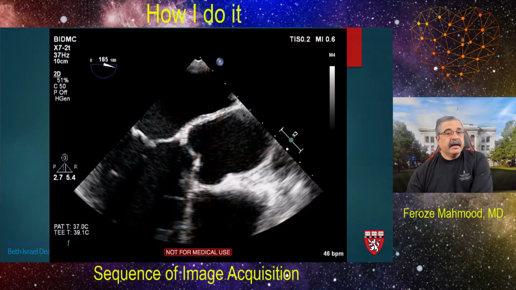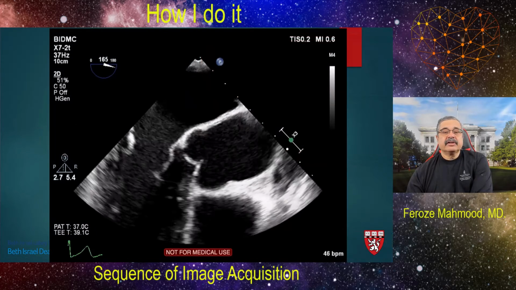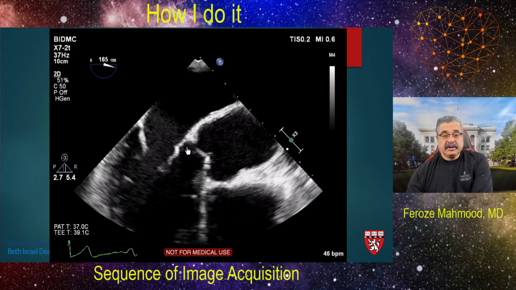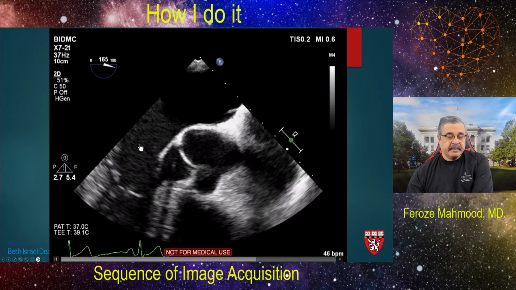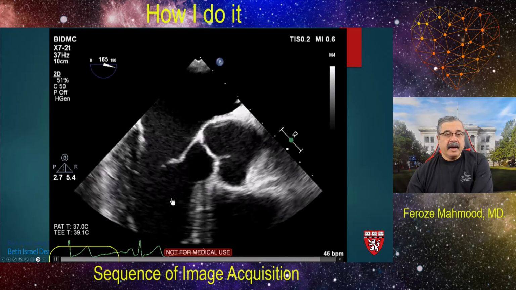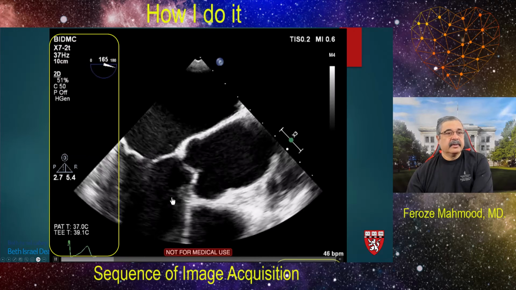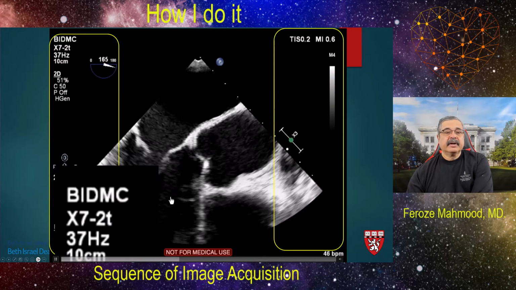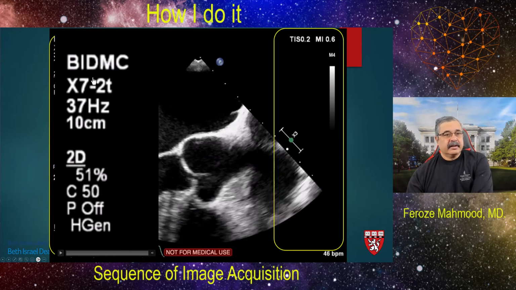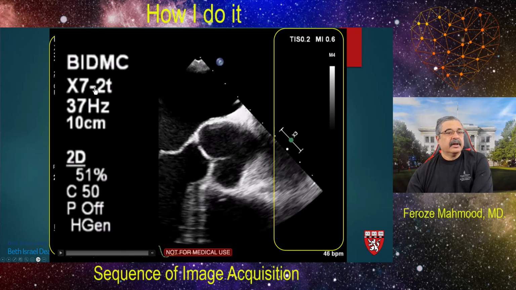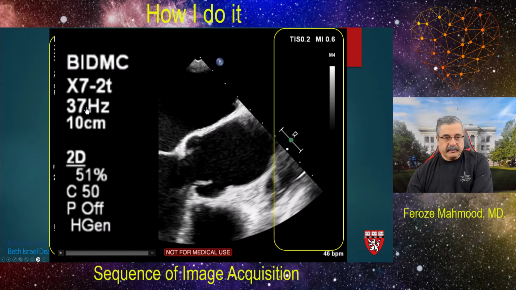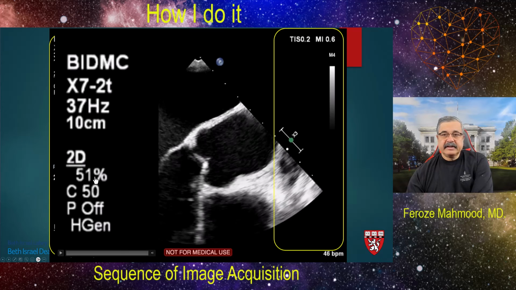Step three in this sequence is to concentrate on the whole image and not just the information that is being presented by this inverted pie over here. For example, looking at this important information, this shows the institution, this shows the probe, the frame rate, the depth, and the 2D exam settings.